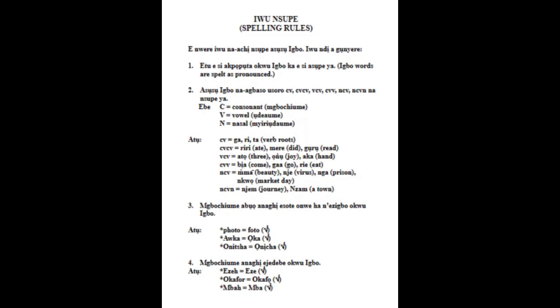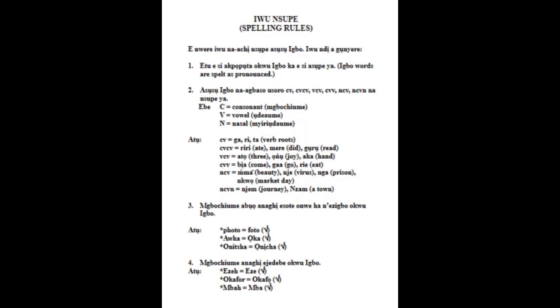2. Asụsụ Igbo na-agbaso usoro CV, CVCV, VCV, CVV, NCV na nsupe ya. Ebe C bụ consonant, mgbochiume, V vowel, ụdaume, N nasal, nyirudaume.